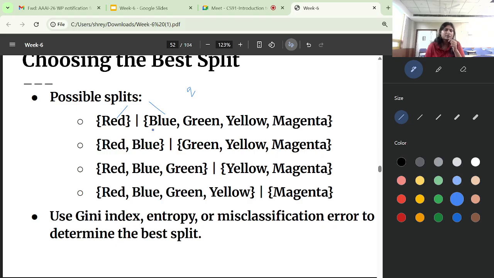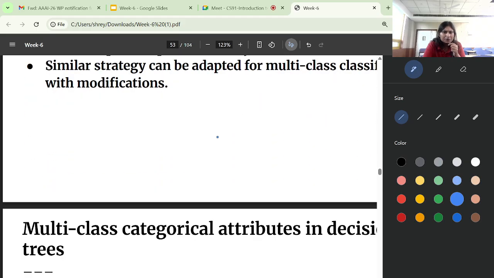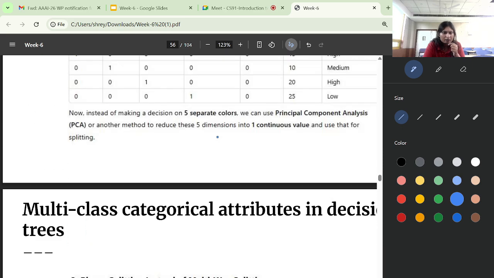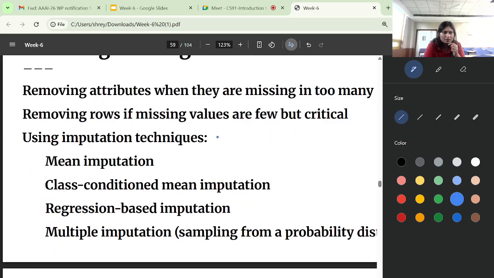One split is this is not red, then we are combining red and blue in one split. So there are multiple ways to choose the split. You can just go through it, it's not a difficult job.